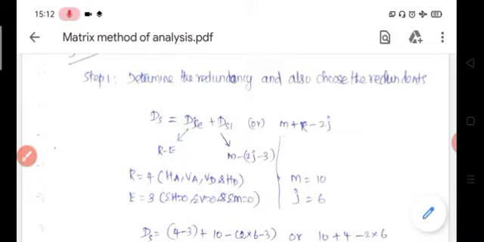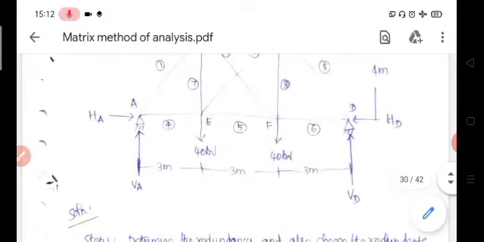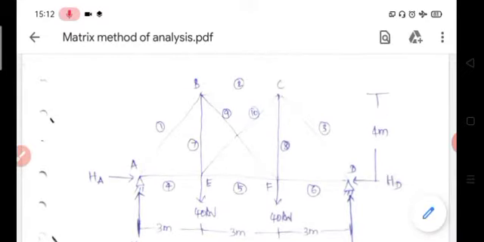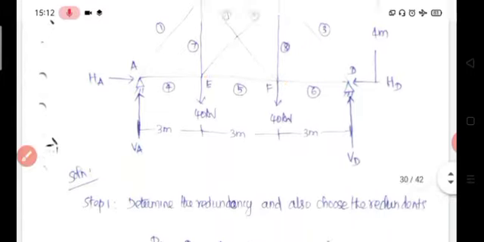Then internal indeterminacy depends on configuration, so it depends upon the number of members and joints. There are 10 members in the structure. The number of joints is 1, 2, 3, 4, 5 and 6, so 6 joints.